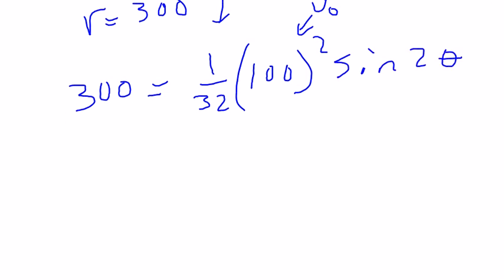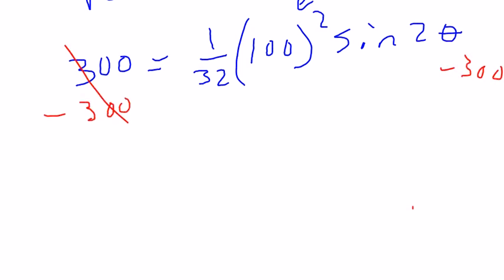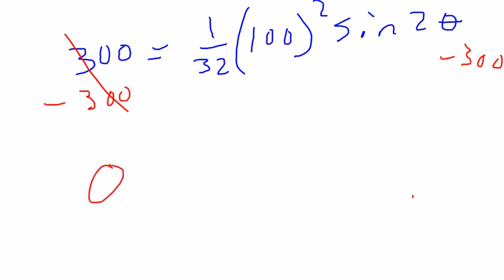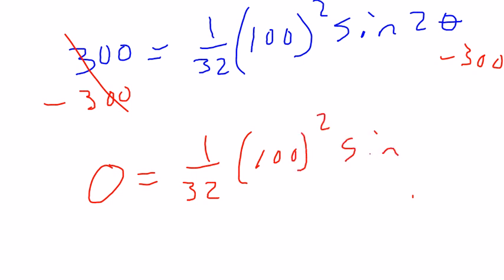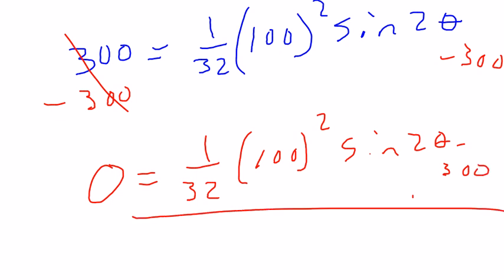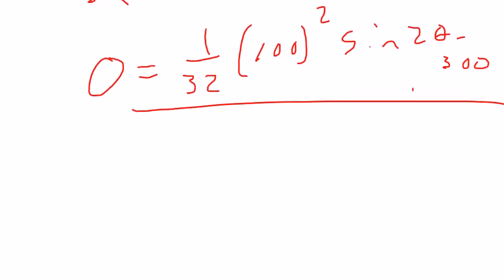And I would subtract 300 from both sides, and this is what I would put in my calculator, because it equals 0: 1 over 32 times 100 squared times sine of 2 theta minus 300. If I find the zeros of this equation, that's going to be my answer.